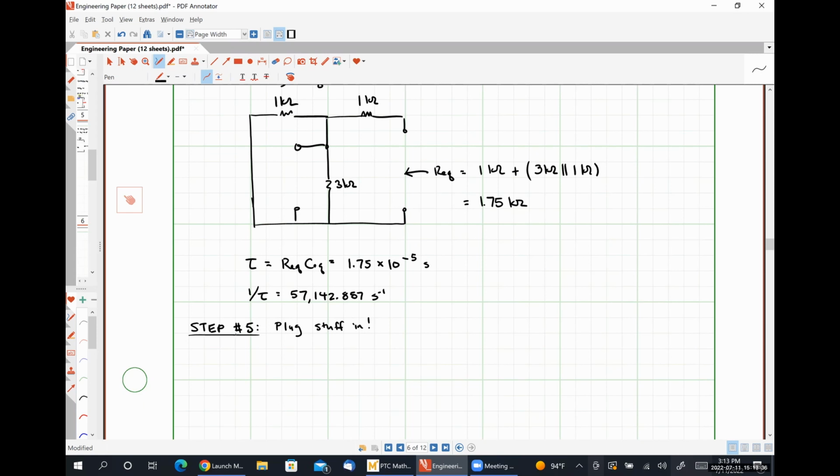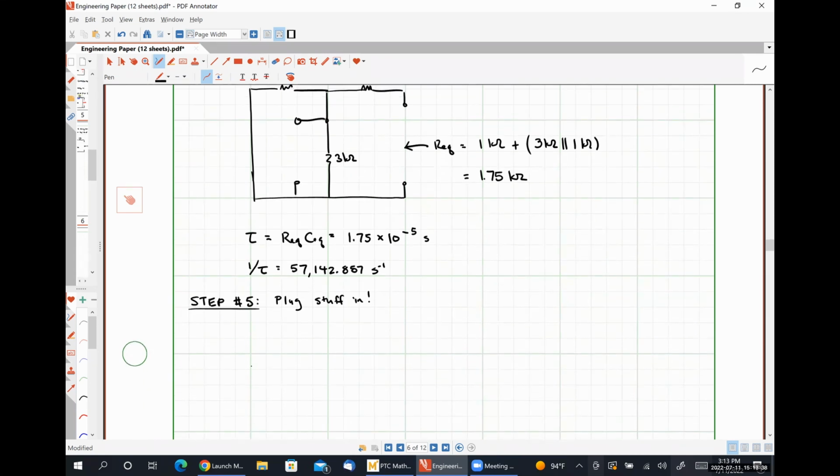Our generic equation has become y at 0 minus, t less than 0 minus, and it is y at 0 plus minus y at infinity, e to the minus t over tau plus y at infinity for t greater than or equal to 0 plus.